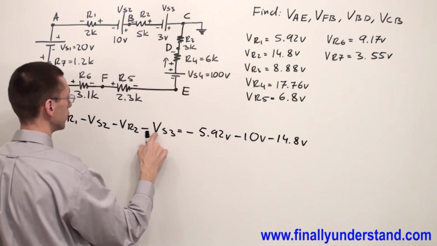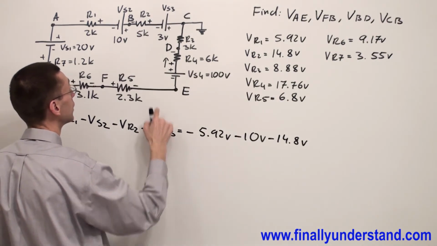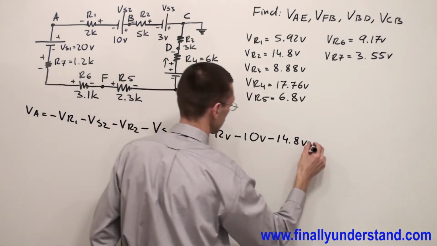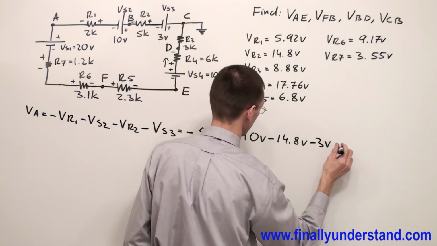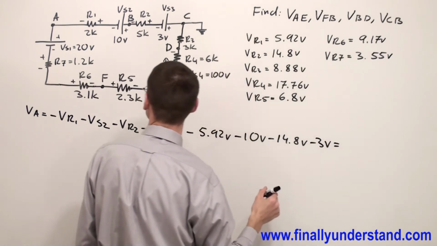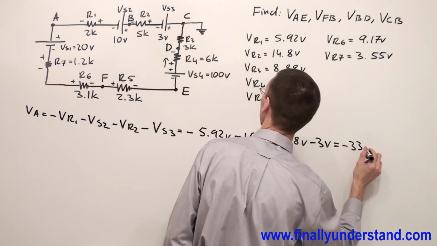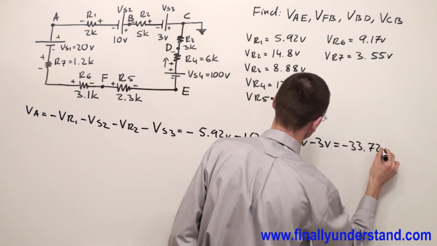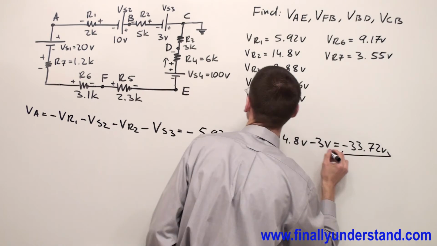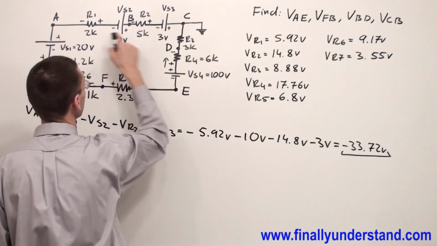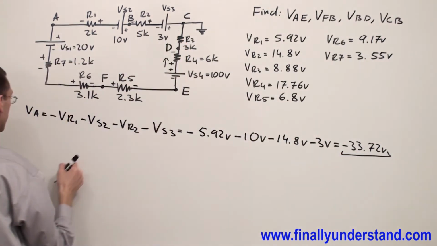And I have negative voltage source 3, negative 3 volts. Voltage VA is minus 33.72 volts. This is the voltage between point A and ground.